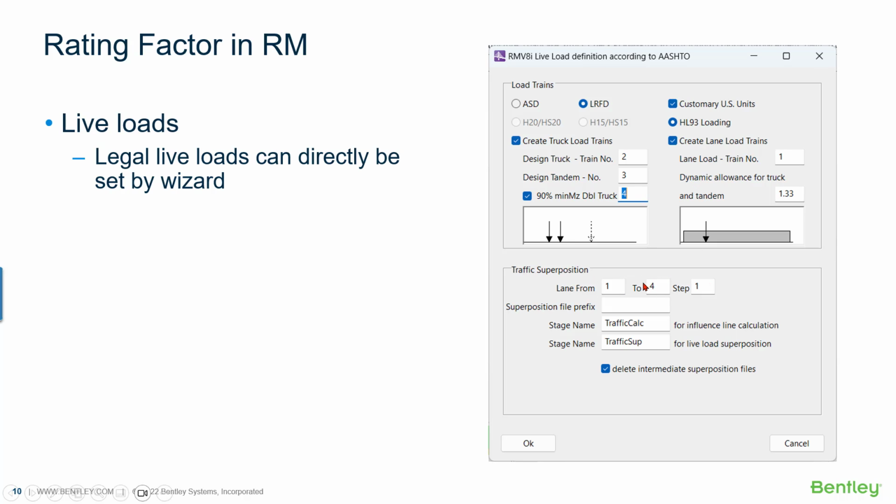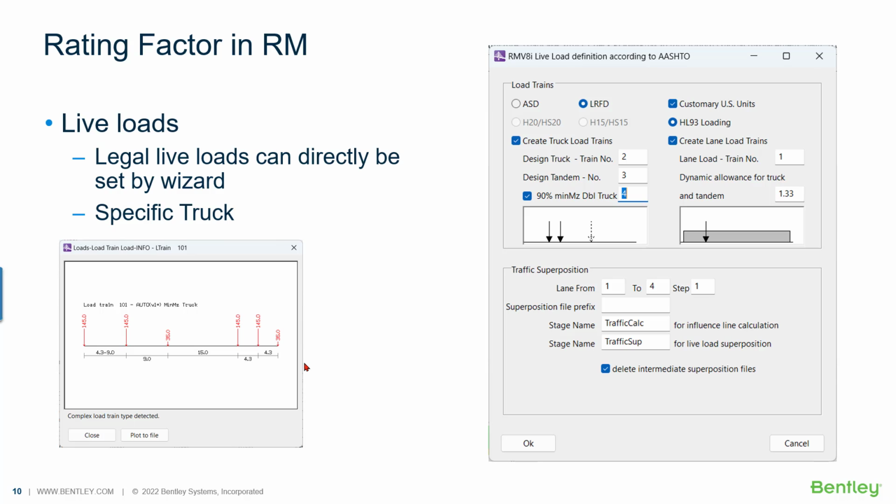That means that it will also automatically create the influence surface, examine each influence surface with a different track, and do all the superposition of the different envelopes of this using the proper coefficient.